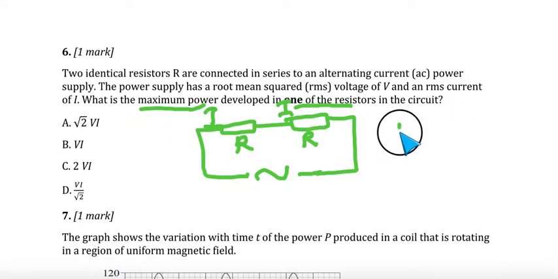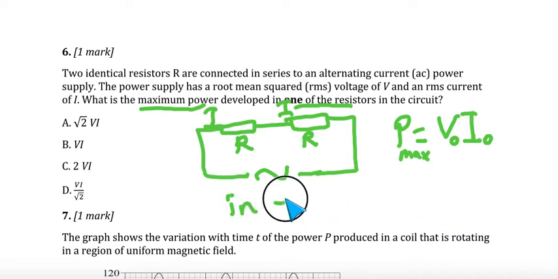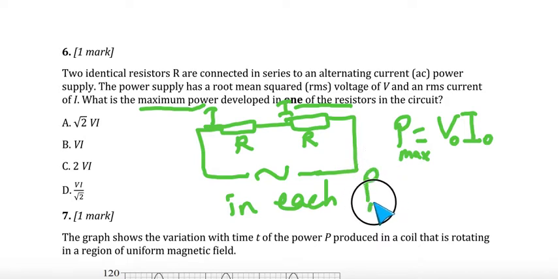Now, since we're relating to V and I, I'm going to use the P equals VI version. The question is asking for the maximum value, so I will use the peak values. In each, the Pmax is going to be the peak voltage.